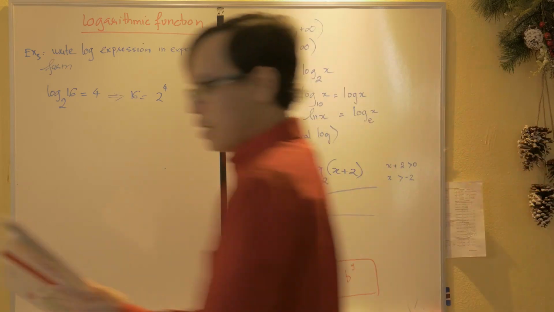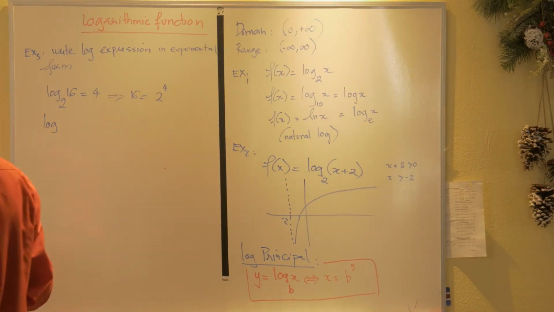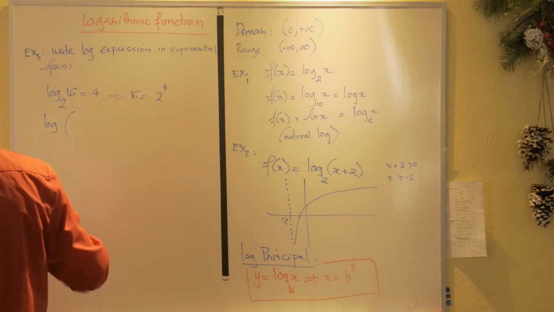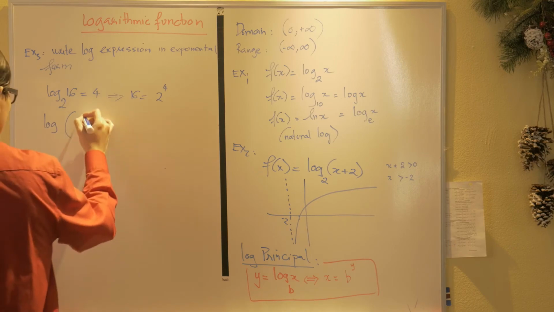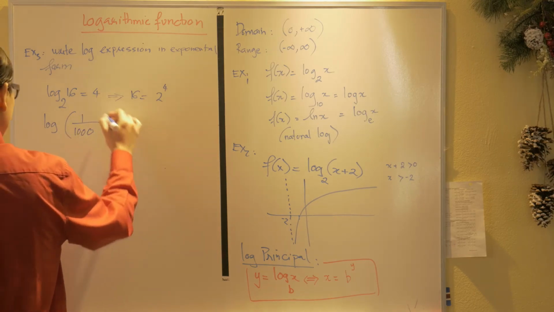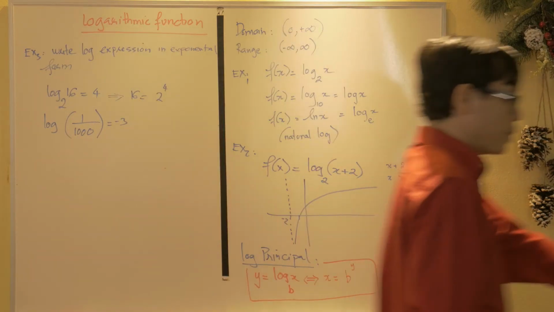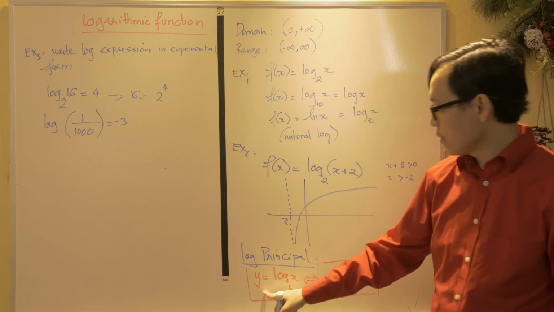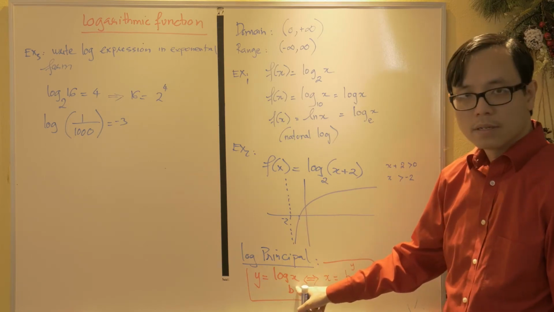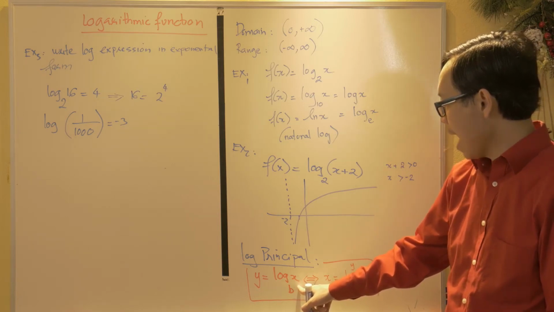Or I can have something like this: log base 10, because it's base 10, I don't need to write a base. The argument is 1 over 1000, equal to negative 3. So the y can be negative. However, the b cannot be negative, and the x must be greater than 0, in this case the argument.